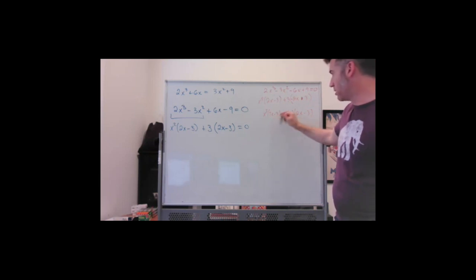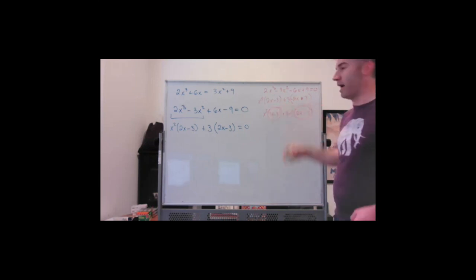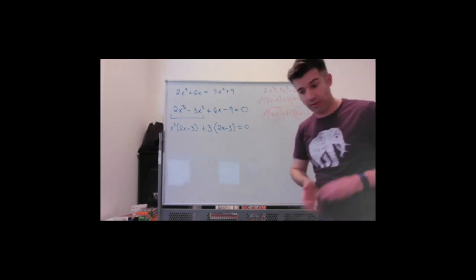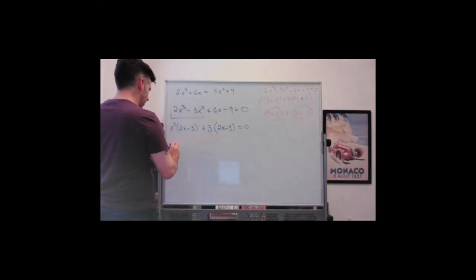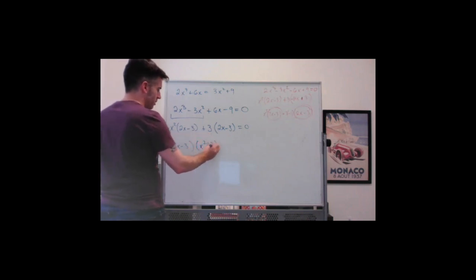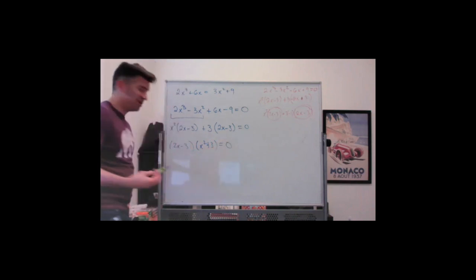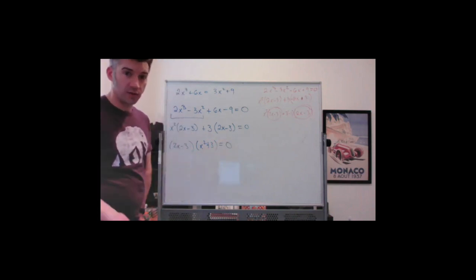So as long as these match, we can continue on to the next step. We factor that out from each of them, so you're left with (2x minus 3) times (x squared plus 3) equal to 0. In this case, we're only going to get one real solution.